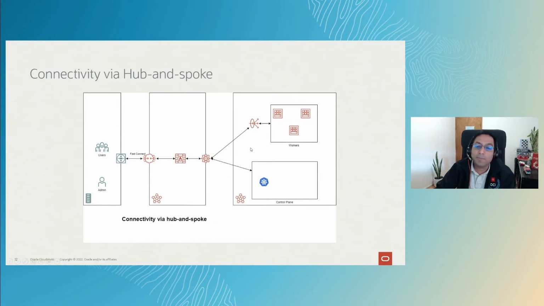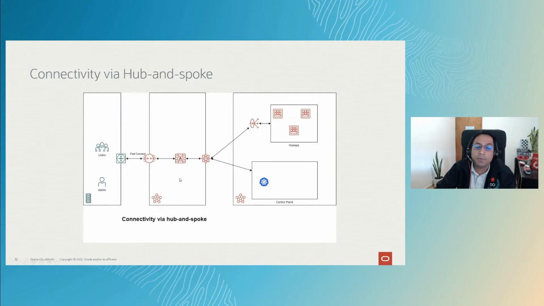So instead of landing directly at the VCN where your OKE clusters are running, what users tend to do is to land at an intermediary VCN instead. This is where the Fast Connect lands, and doing so gives you the additional advantage of placing a firewall, like the OCI firewall, in between.